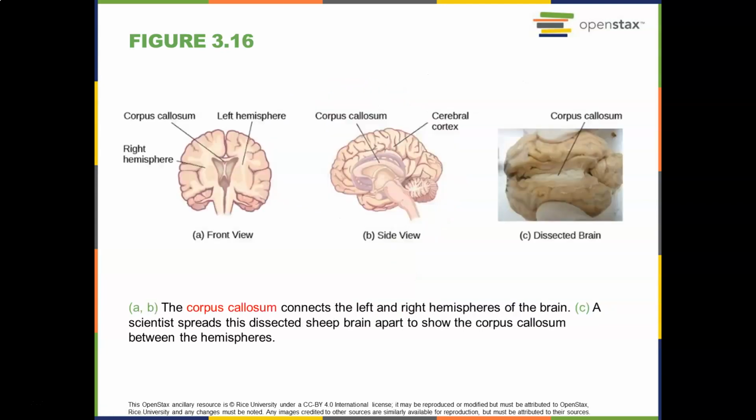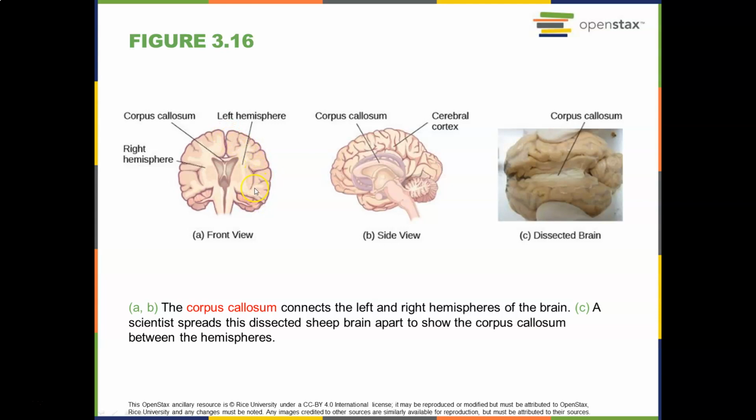Okay, and some more pictures. The brain is divided basically into two hemispheres. Here's the right hemisphere. This is looking from underneath, by the way. And this is the left hemisphere.